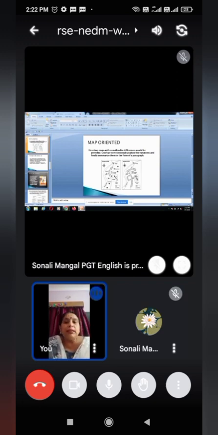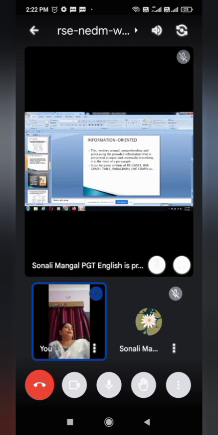As you can see that there are two maps of two cities of two different years. One is of 1930, one is of 2010. And what are the differences in the city planning in the due course of time that have taken place, that you have to analyze and then you have to describe and conclude in the analytical paragraph.